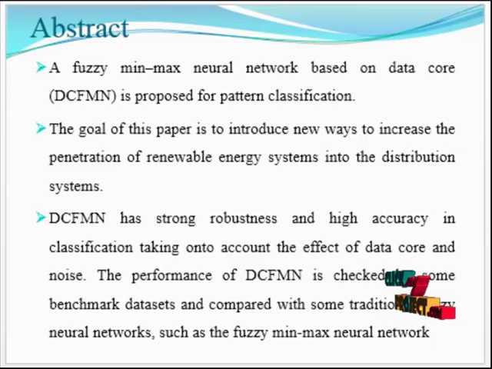So DCFMN has strong robustness and high accuracy in classification of data sequences. The data sequences are used and the benchmark data sets are created. Finally, the fuzzy based classification is proposed and the performance is evaluated against the fuzzy MinMax network.